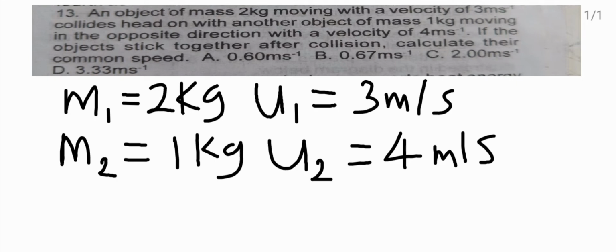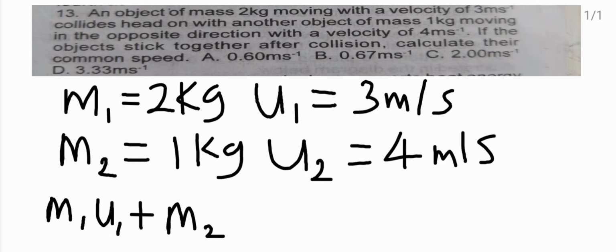So as you know, you guys remember this formula, the formula for collision, both for before collision and after collision. So use this formula: mass of the first one multiplied by the velocity of the first one, plus the mass of the second one multiplied by the velocity of the second one, is equal to, when the two masses come together, that will now give a final velocity of v.